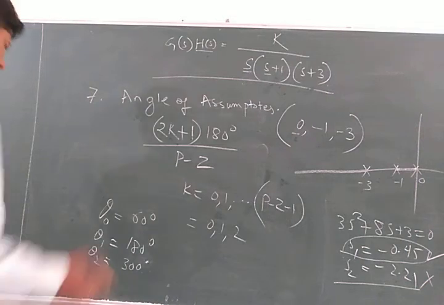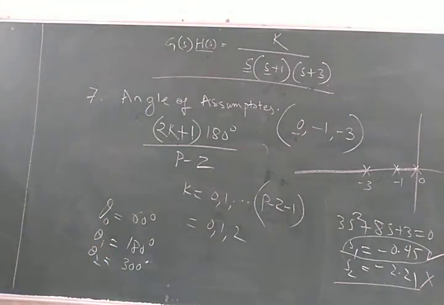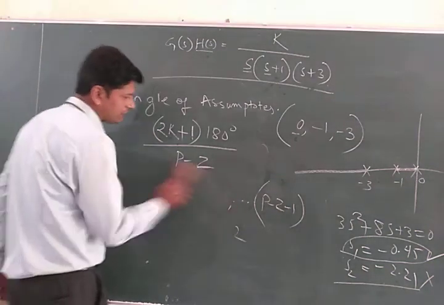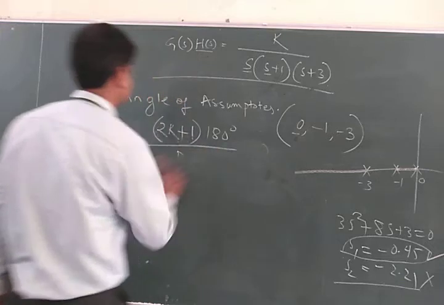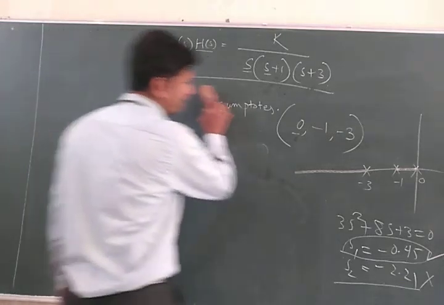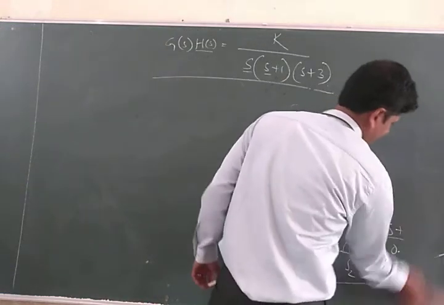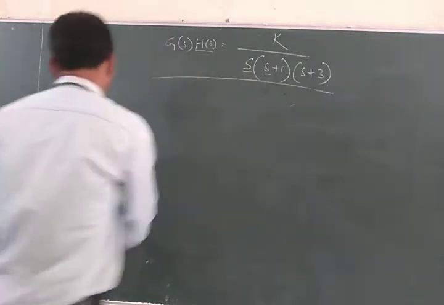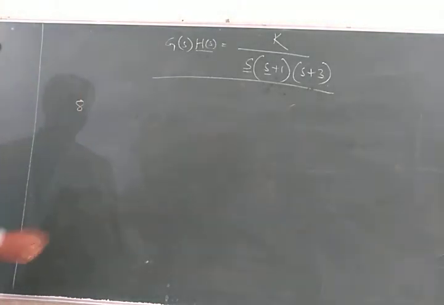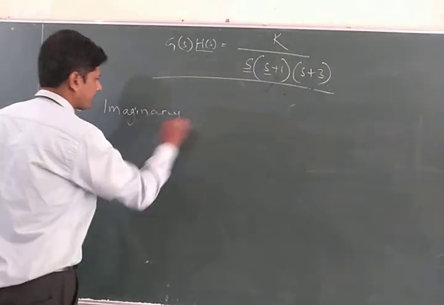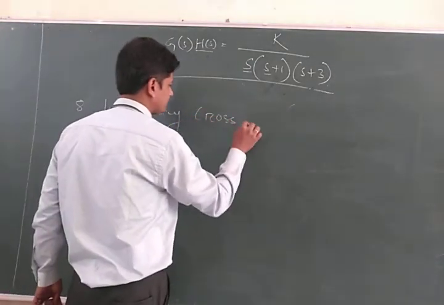The next point is point number 8. Point number 8 is called the imaginary axis crossover point.